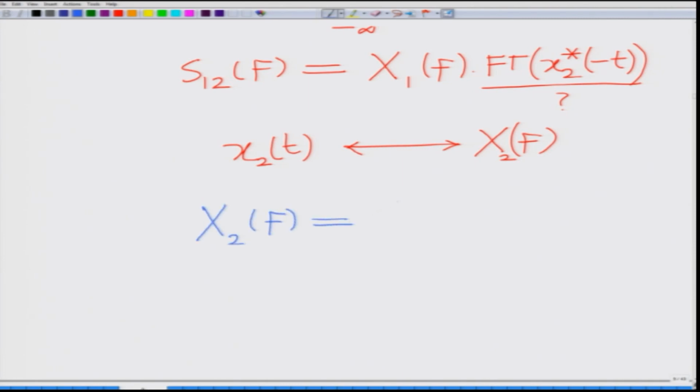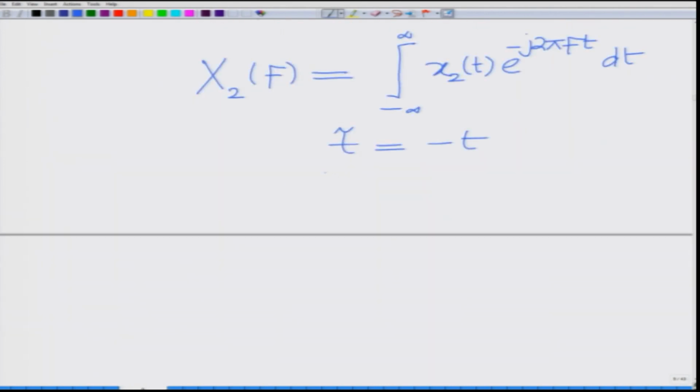X2(f) equals the integral from minus infinity to infinity of x2(t) e to the power of minus j 2 pi f t dt. Now, if I replace t by minus t, that is, let t tilde equal minus t, then dt tilde equals minus dt.